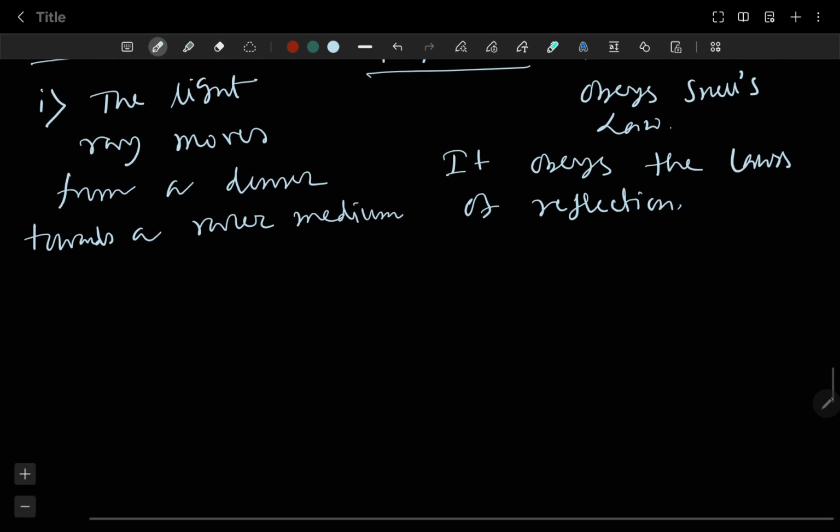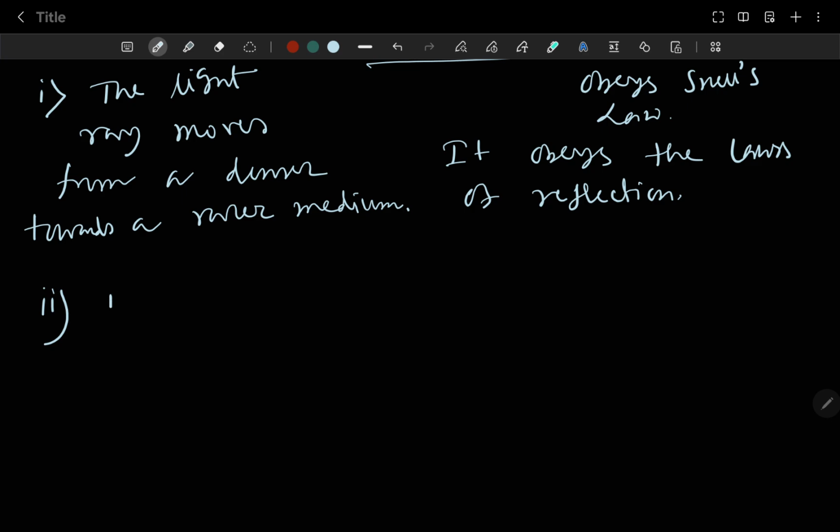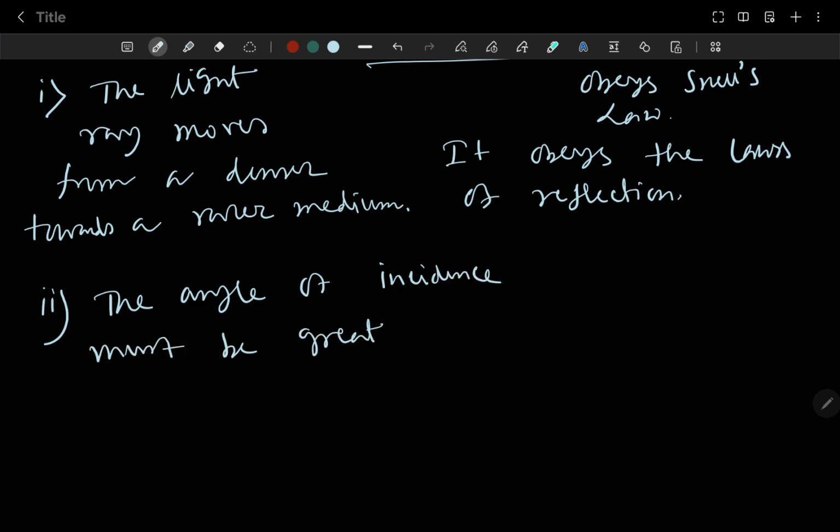And number 2, the angle of incidence must be greater than the critical angle. Okay, fine.